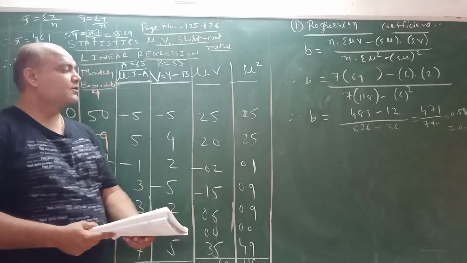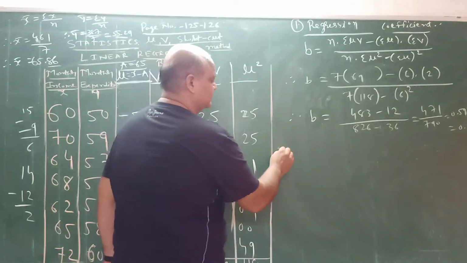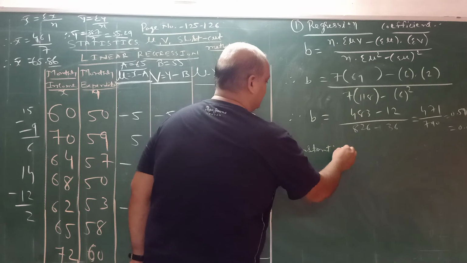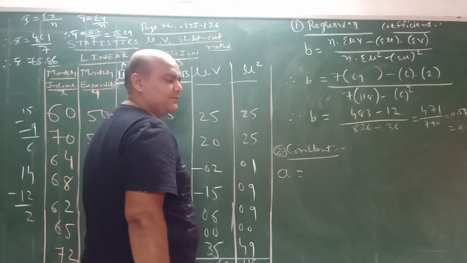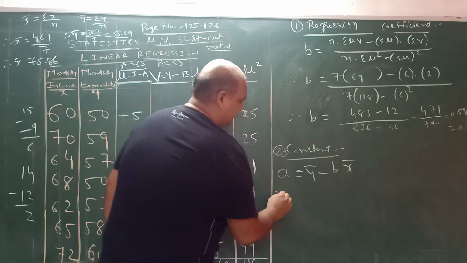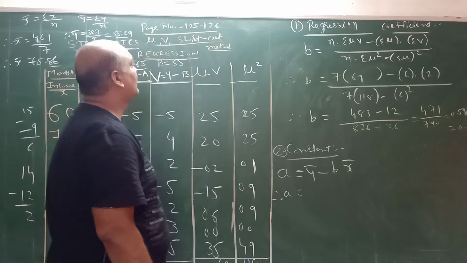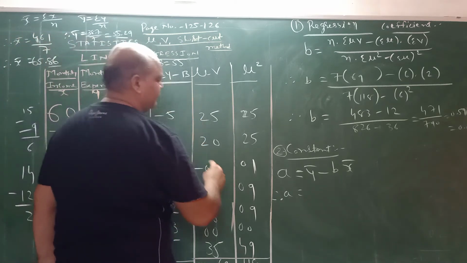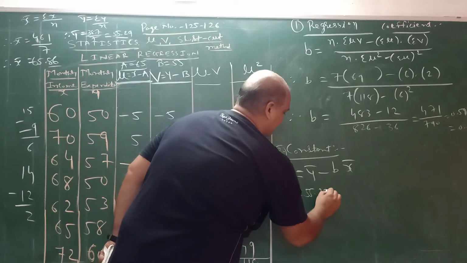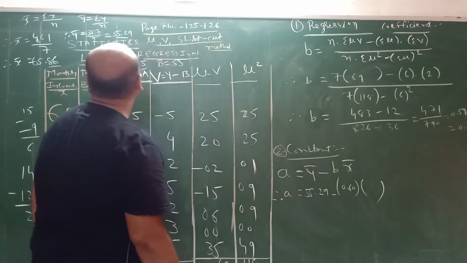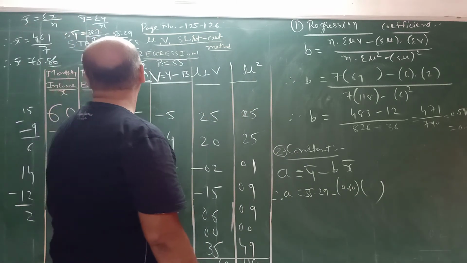Second step is the constant. The formula of the constant is A equals y bar minus B x bar. Here we have y bar 55.29, minus B which is 0.60, and x bar is 65.86.